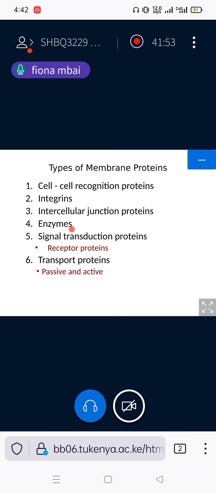Then, of course, there's enzymes, which are okay.